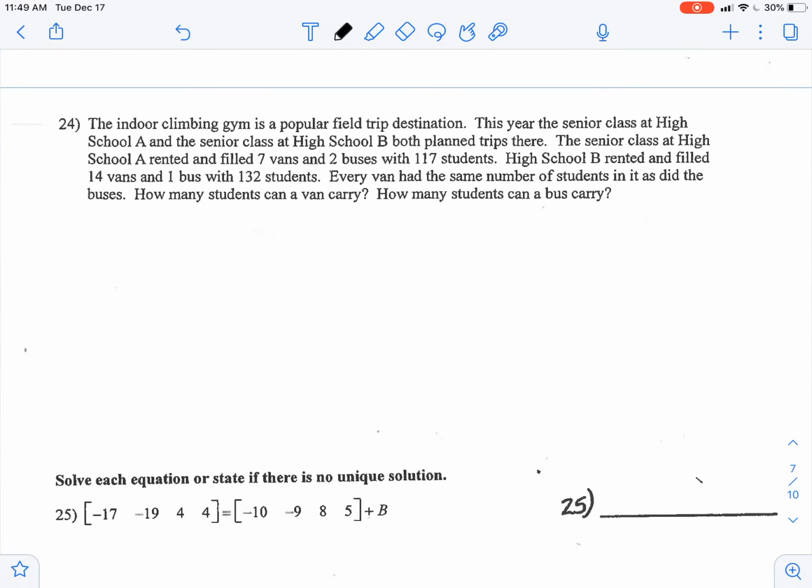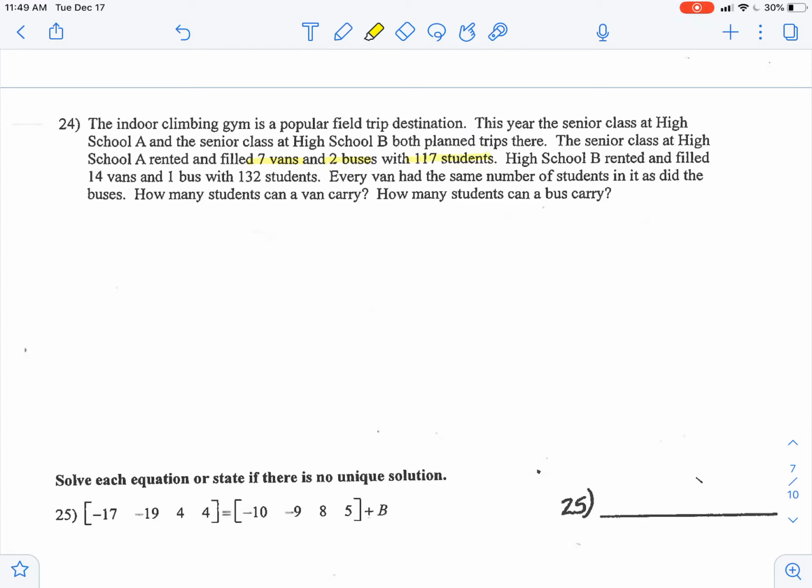24. This is our story problem, so listen carefully to what I read to you. The indoor climbing gym is a popular field trip destination. This year, the senior class at High School A and the senior class of High School B both planned trips there. The senior class of High School A rented and filled 7 vans and 2 buses.